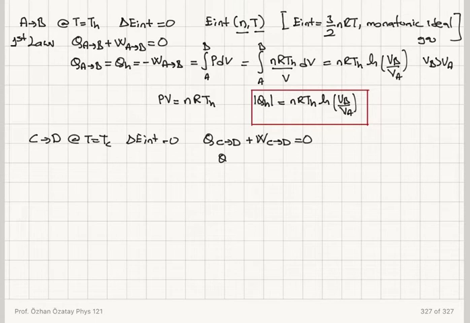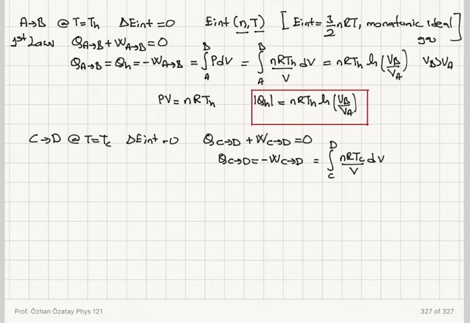So the energy I'm adding to the system is minus the work done on the system, and this is going to be integral from C to D, and this time nRTc over V dV.